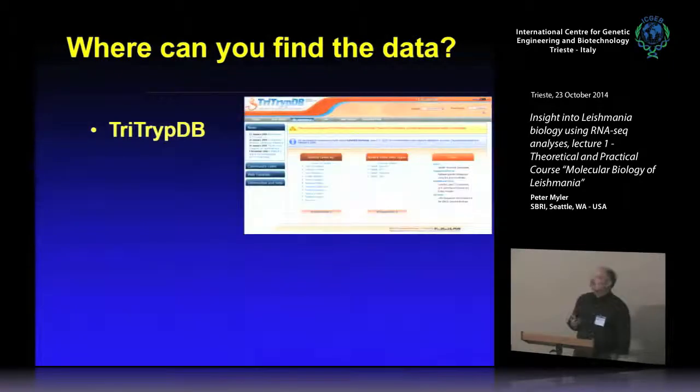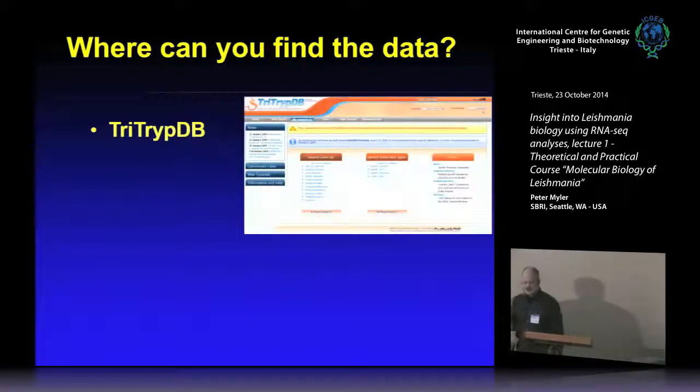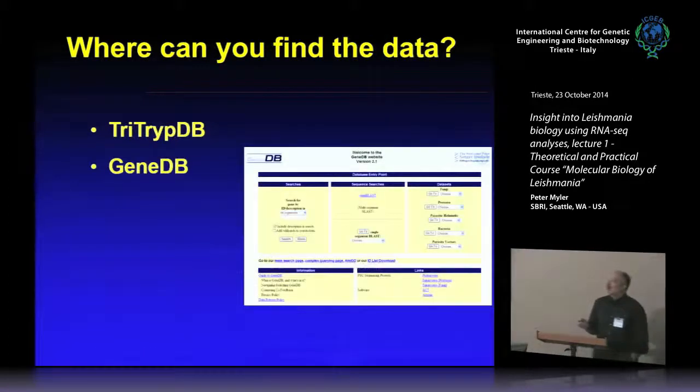Okay, the last slide that will be helpful this afternoon is where do we find the data for this? Most of you have probably already gone to TriTrypDB, which is where you should always go first to find genome data for the trypanosomatids, including Leishmania. You can go to GeneDB, which is maintained at the Sanger, which is where the data will actually go before it gets into TriTrypDB, at least the sequence data.